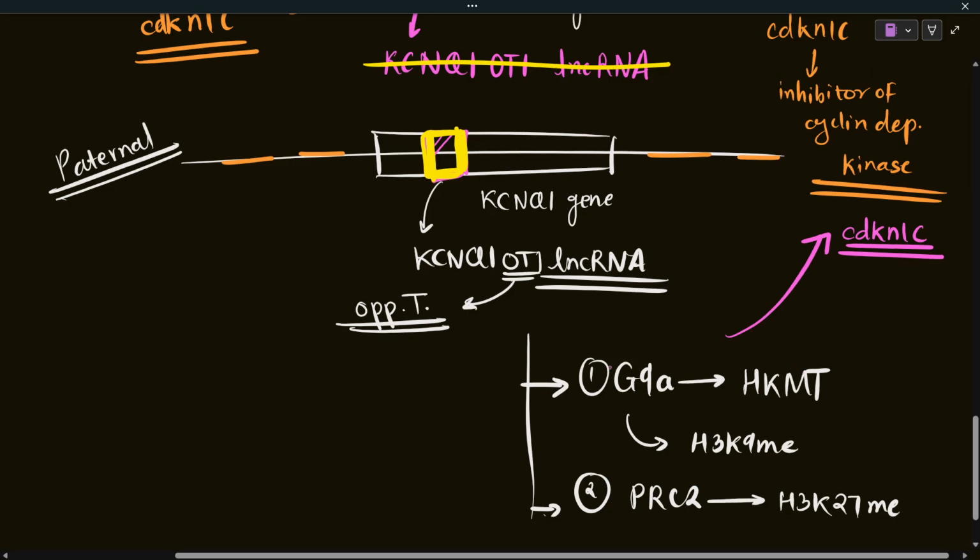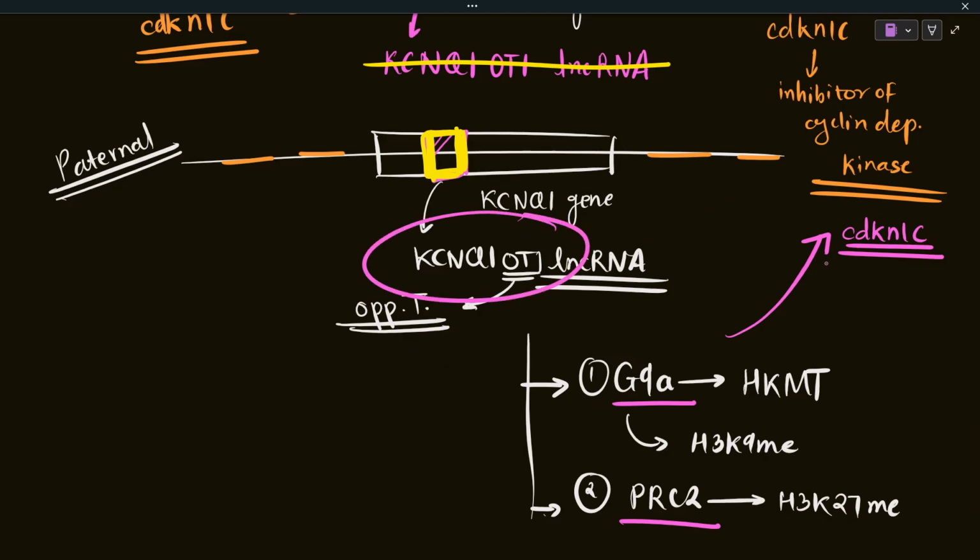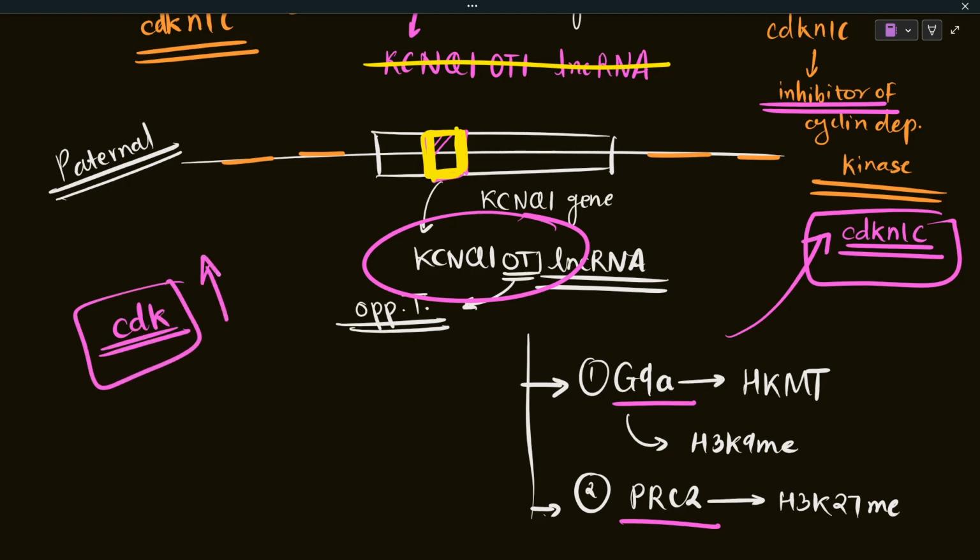When G9A as well as PRC2 are recruited by the KCNQ1OT1 long non-coding RNA to this imprinted region, CDKN1C will be repressed. So the inhibitor of cyclin dependent kinase will be repressed. This means the expression of CDK will be elevated, or it will not be hindered by any inhibitor, which means this will promote growth.